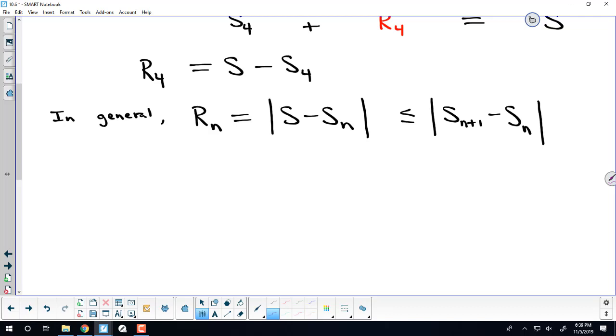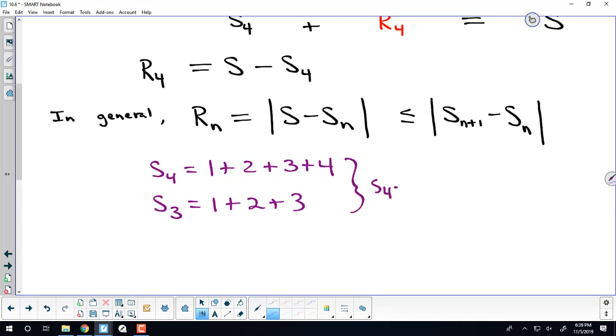What if I had 1 plus, just look at something really straightforward. What if that were my fourth partial sum? My third partial sum would be 1 plus 2 plus 3. If I subtract these two, what am I left with? 4, right? I'm left with 4 if I subtract these two. So s sub 4 minus s sub 3 is equal to 4, but isn't 4 the fourth term in that series?